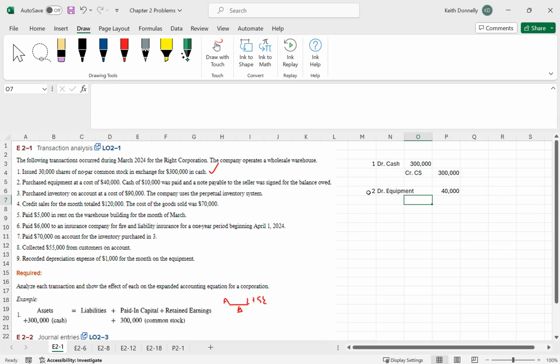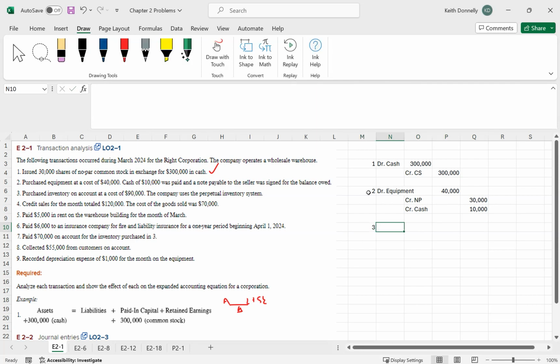We signed a note. Credit note payable for $30,000. And then the rest, we paid cash, $10,000. If you looked at it, they said we paid 10, they tell you 40, you could back into the note payable there.